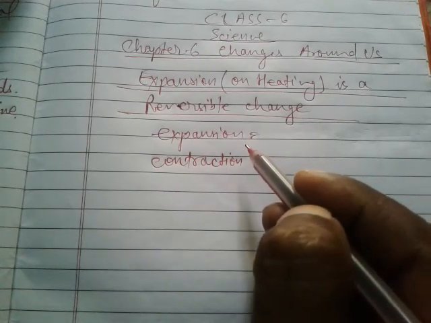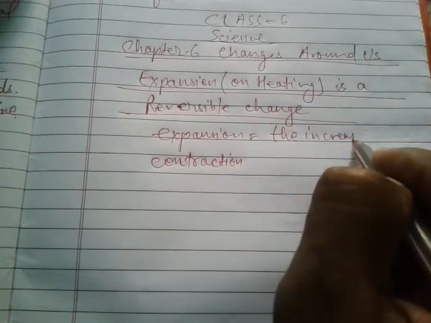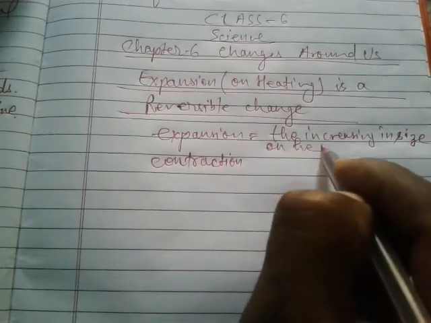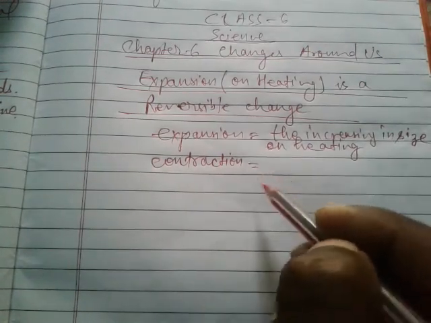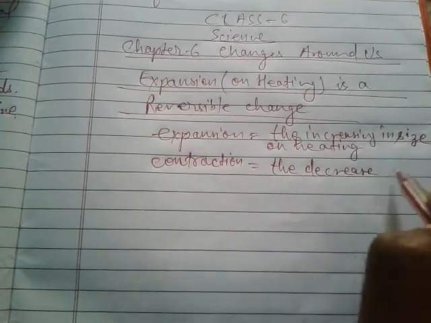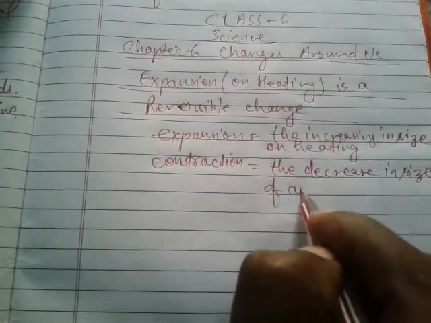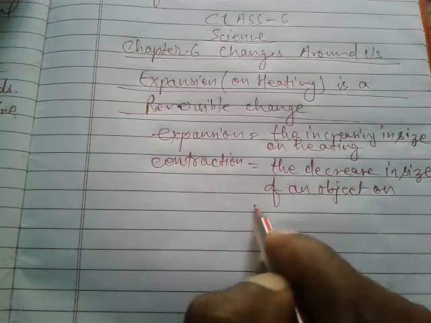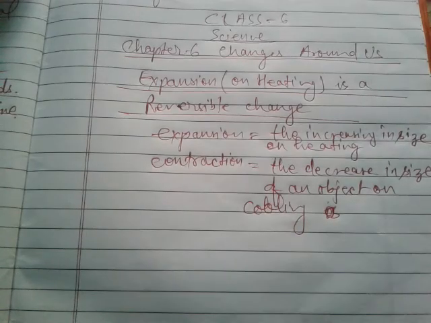Expansion means the increase in size on heating. The increase in size on heating is called expansion. And contraction means the decrease in size of an object on cooling is called contraction.